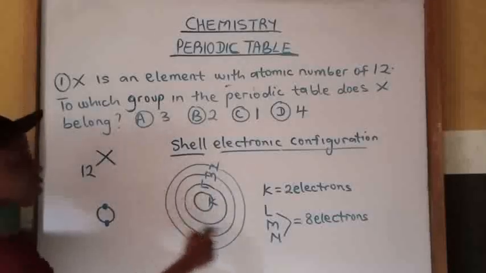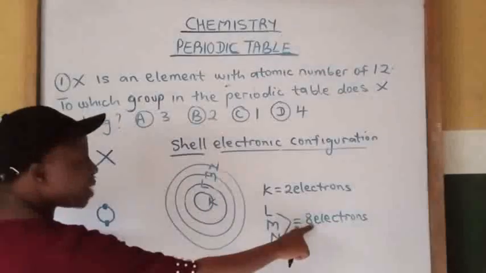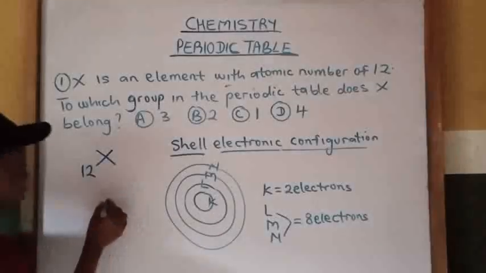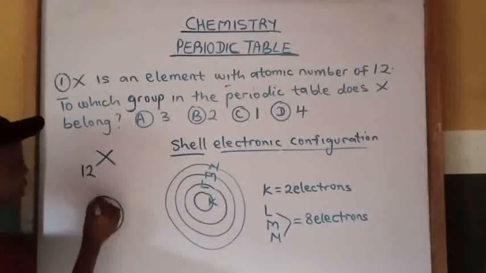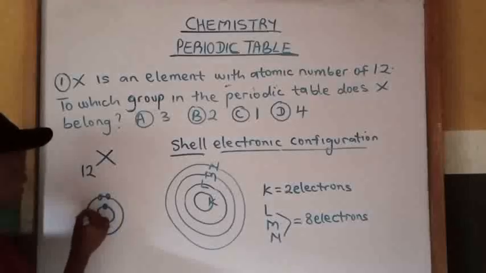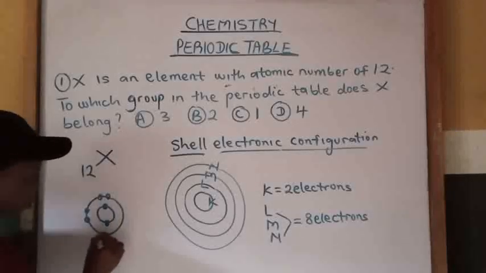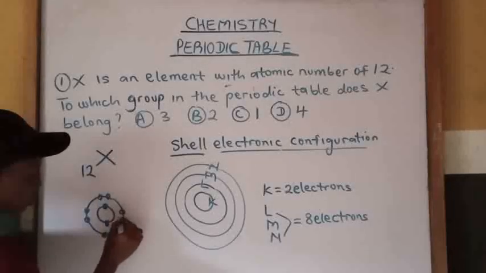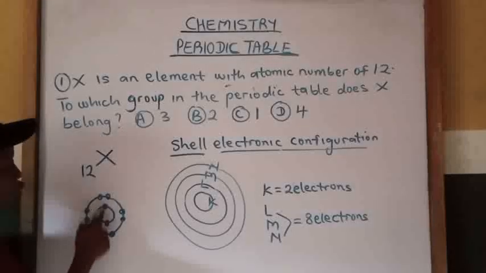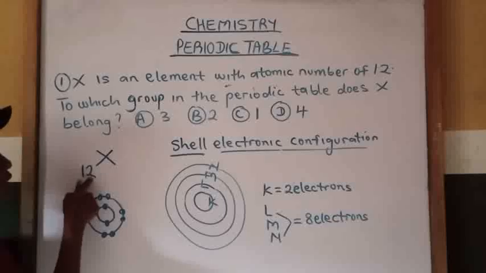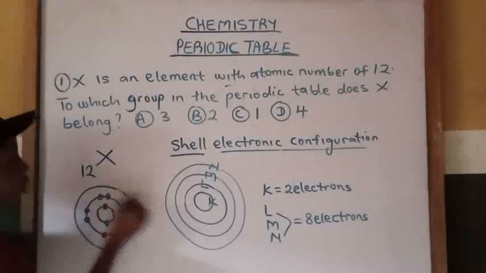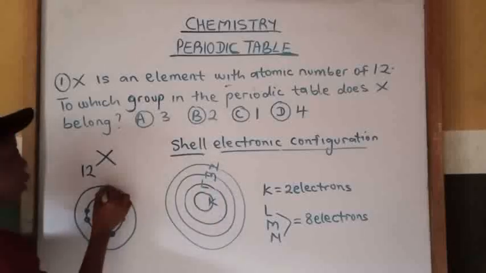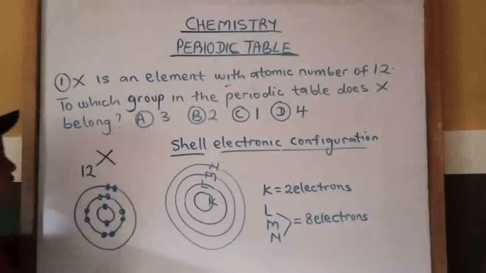Then the second shell carries the maximum of 8 electrons. Then 2 plus 8 gives us 10 out of 12 electrons. So the remaining 2 electrons go on the third shell, which is M shell.